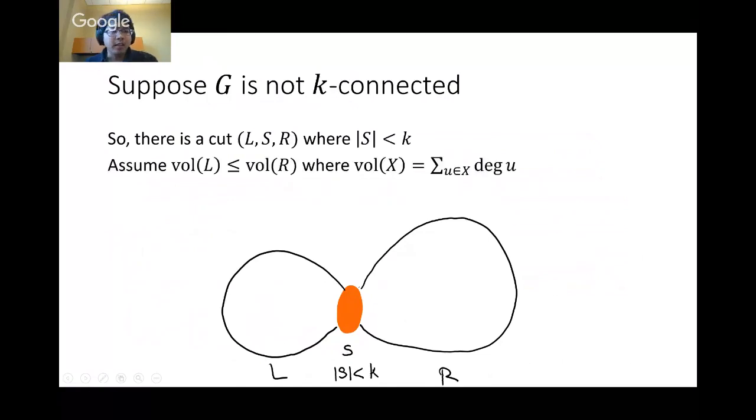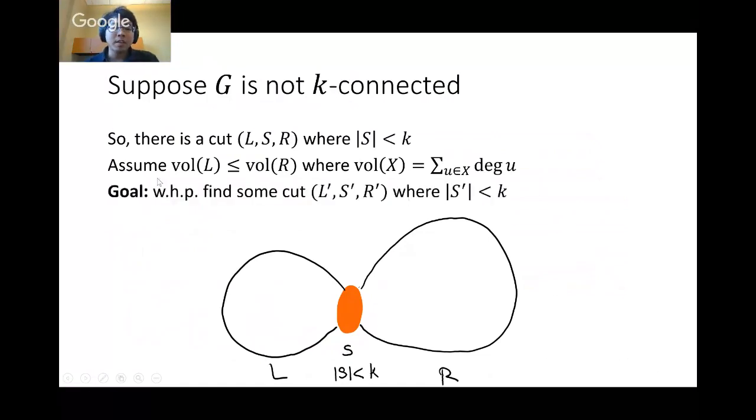Let me assume that the volume of L is less than the volume of R, and the volume is just defined as the sum of the degrees in the set.